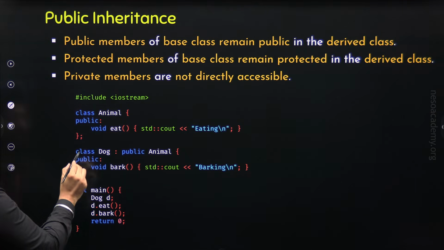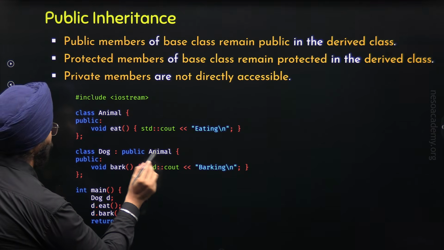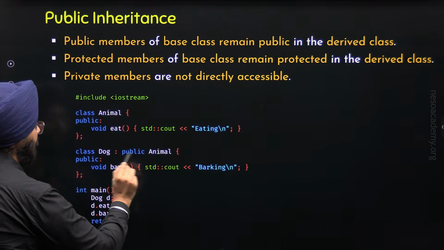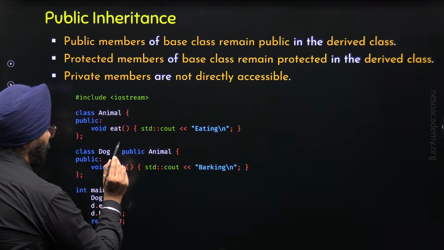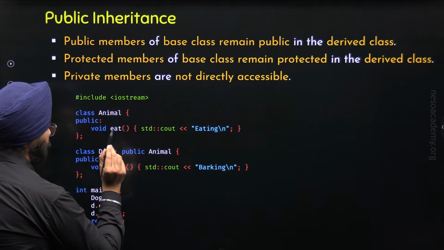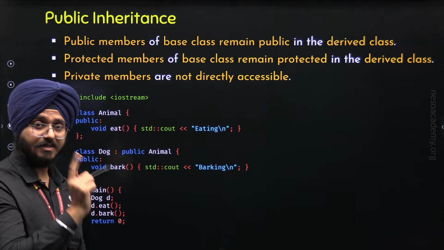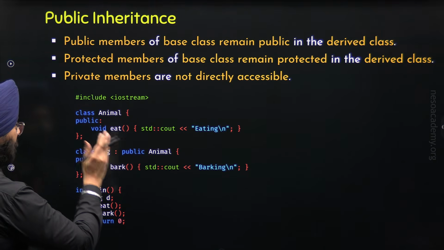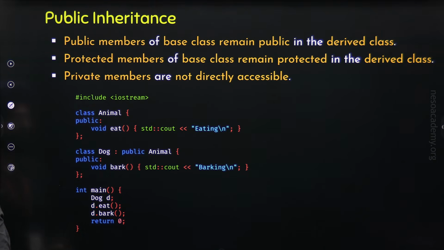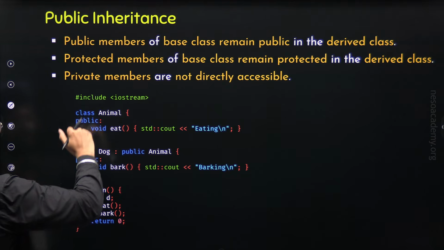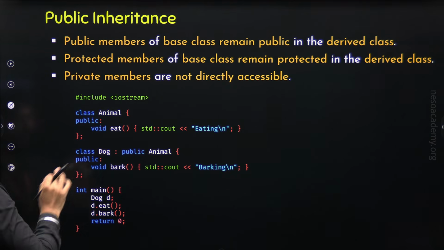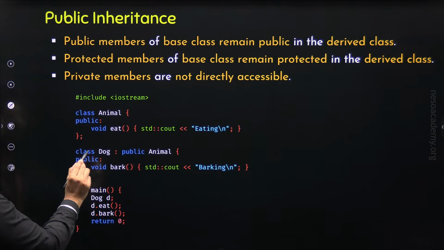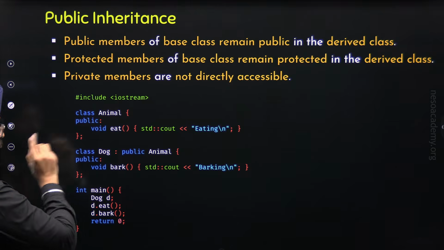Now here I have defined this class dog which is inheriting from animal. And here I am performing public inheritance because the access specifier specified over here is public. This is the significance of this access specifier. This means animal is inherited publicly and therefore this public member function is treated as the public member function of this class also.